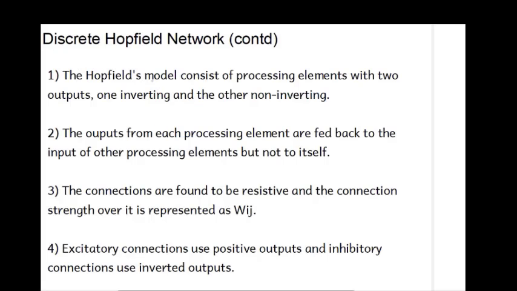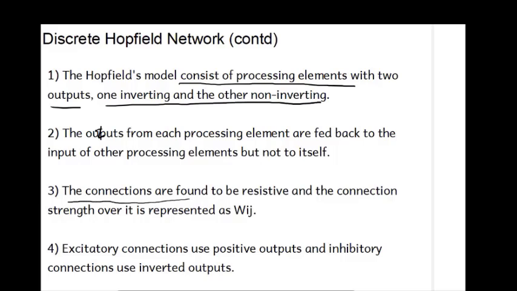The Hopfield model consists of processing elements with 2 outputs, so there can be two types of outputs: one is inverting, the other is non-inverting. The outputs from each processing element are fed back to the input of other processing elements, but not to itself. As we saw, the output is fed back to all the other neurons, but not to itself.